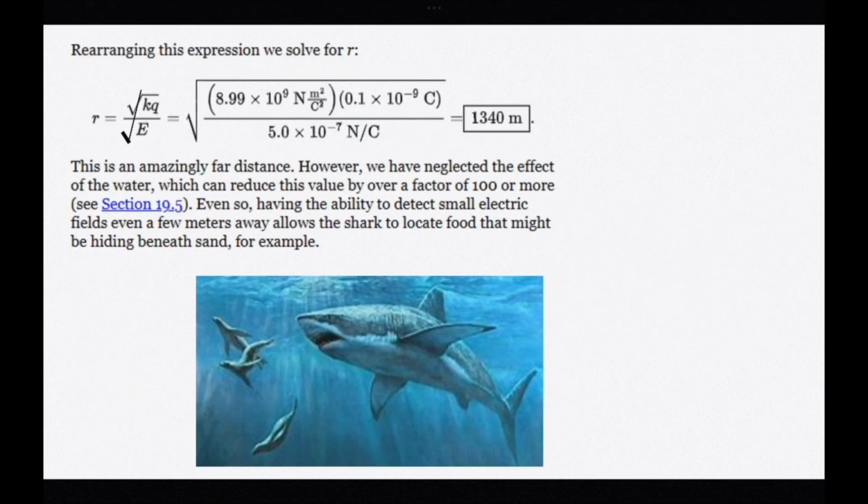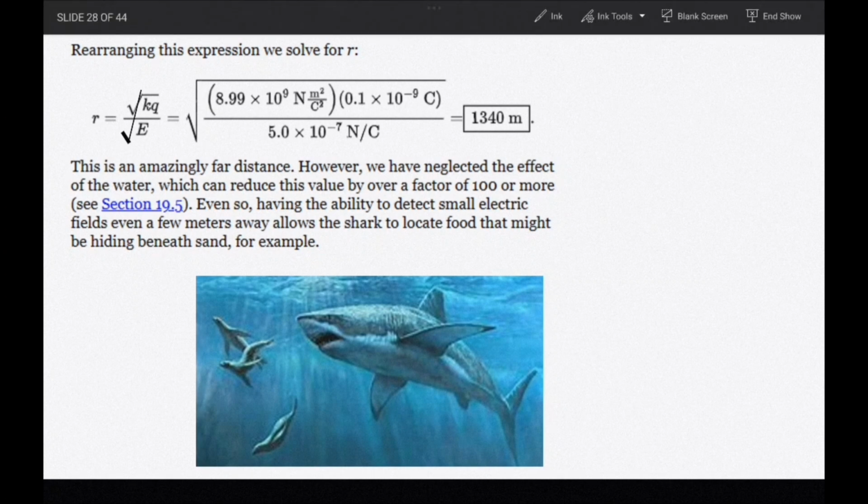And with this, when we put the following given into our equation, we use again 8.99 as our K constant, and our test charge is 0.1 times 10 to negative 9.